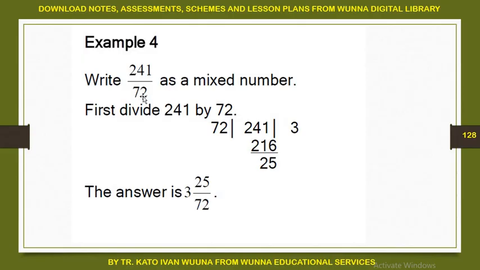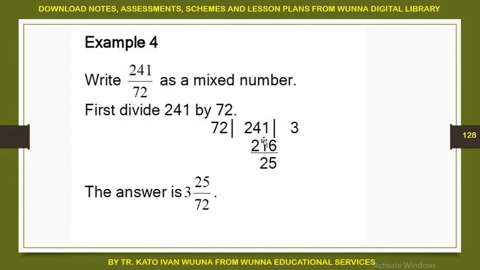When you multiply 72 by 3, you'll get 216, which is the nearest multiple of 72 to 241. The other multiple is greater than 241, so we don't consider that. We shall consider the one that is less but near.